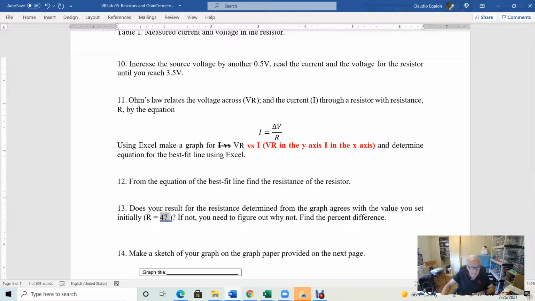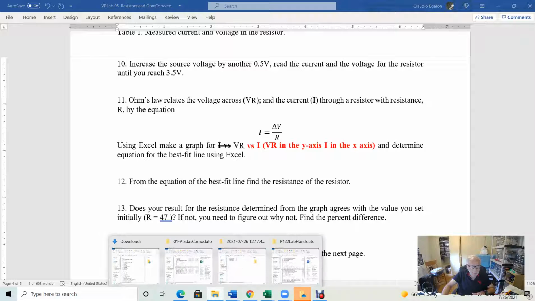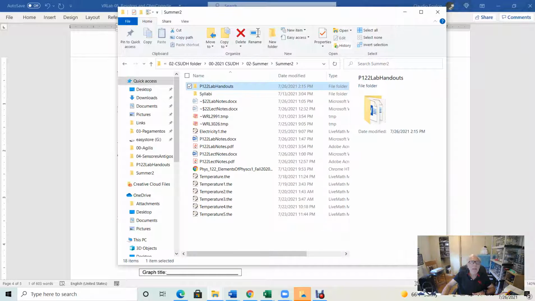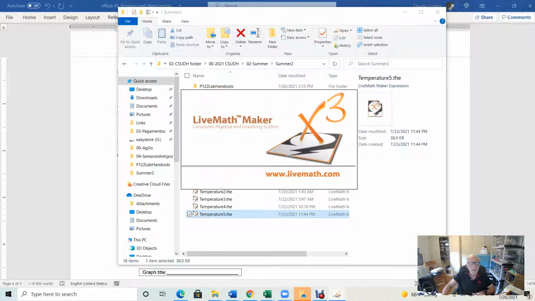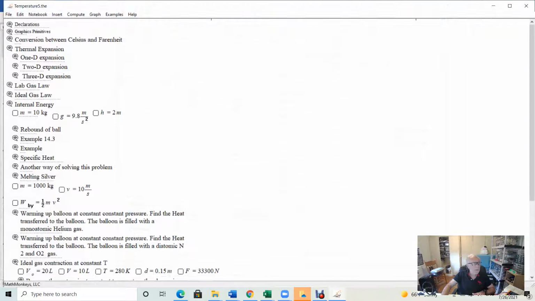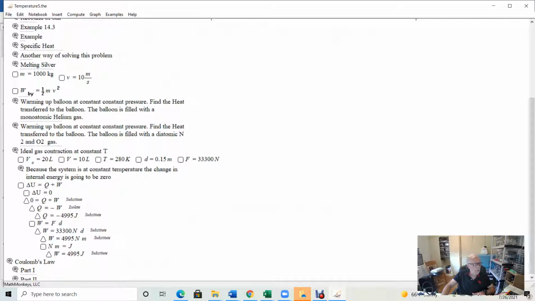If you want to get the exact value, let's get the exact percentage difference. I don't know exactly, but I estimate that it's going to be 7 to 8%. Okay, here you go. Ohm's law.